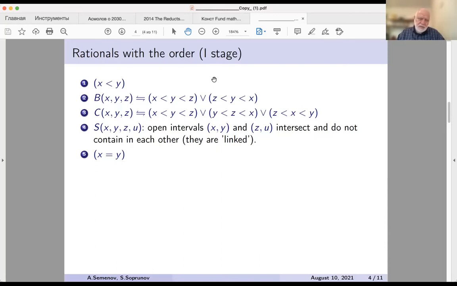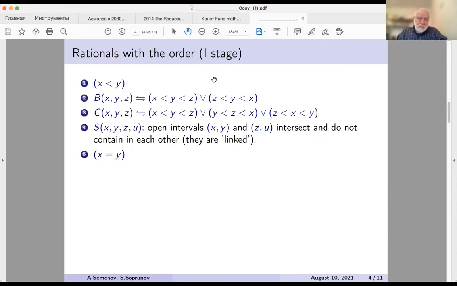If you really make a cycle out of the rational numbers, then you have one more relation, which we called S, with 4 arguments, and it means that two open intervals, xy and zu, intersect, but neither lies inside the other.